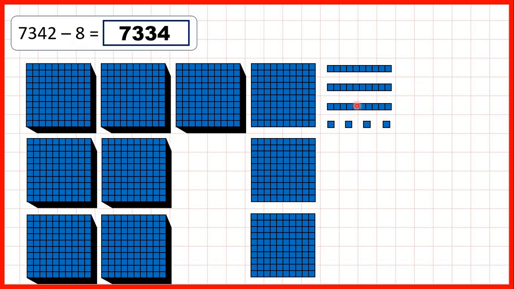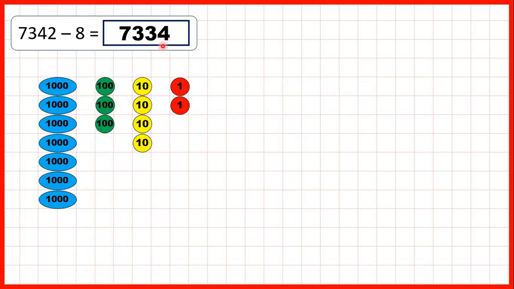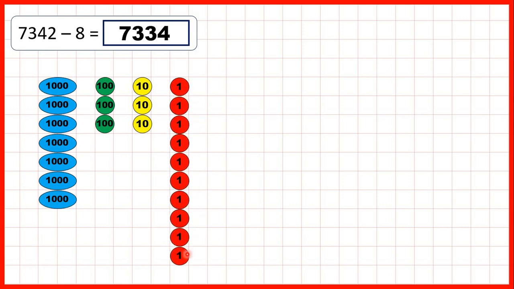We now have 3 10s rather than 4, and we have 4 1s in our answer. Or using place value counters to subtract 8, we subtract 1, 2, then exchange 1 10 for 10 1s. Then we can take away 3, 4, 5, 6, 7, 8 to leave us with 3 10s and 4 1s in our answer.